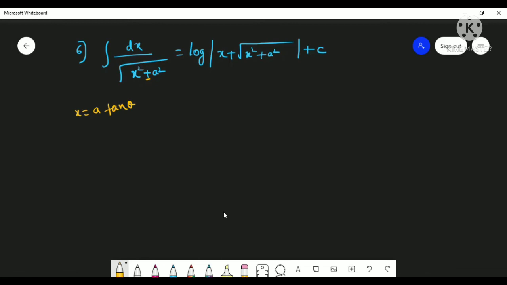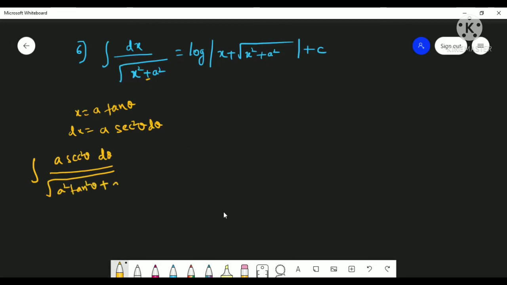Now x again I will differentiate. dx is equal to a times what is the differentiation of tan theta? Secant square theta d theta. Now I will fill in the given integral, that is the dx value is a secant square theta d theta divided by square root of the x value, a square tan square theta plus a square.